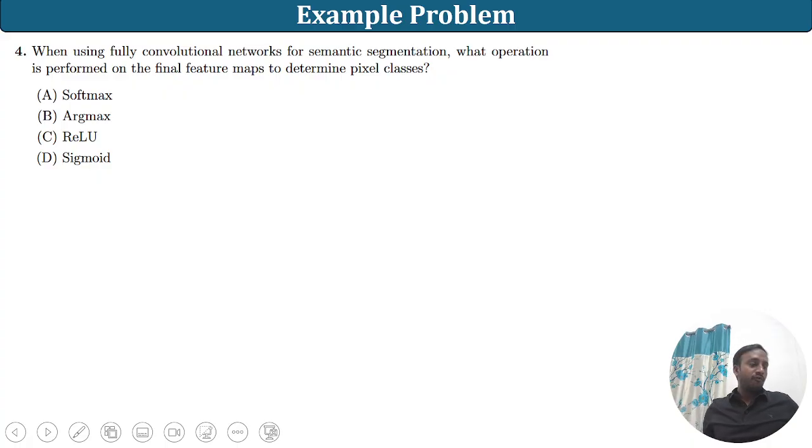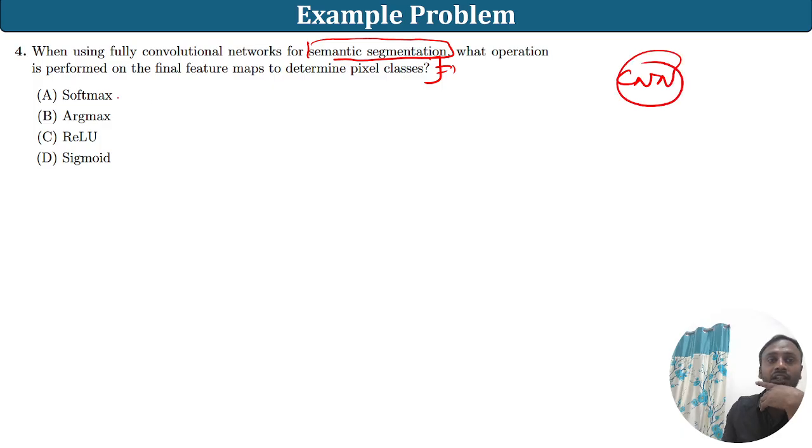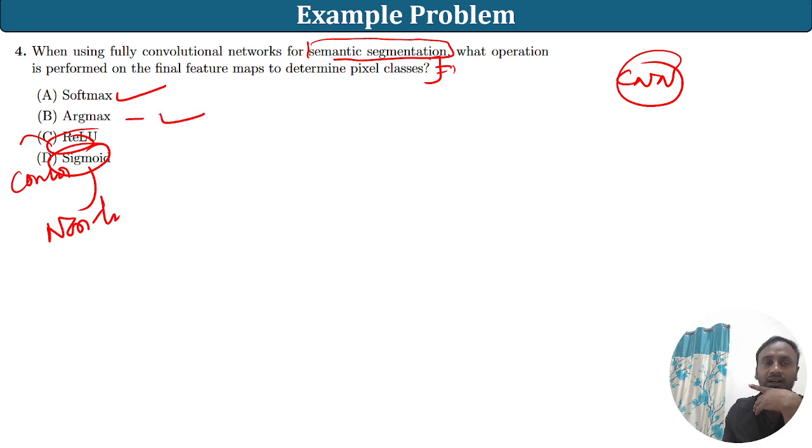When we use a fully convolutional network for semantic segmentation, what operation is performed on the final feature maps to determine the pixel class? I said that in the case of CNN classification we can use softmax. ReLU is for the convolutional layers. Sigmoid is non-linear. So which one?